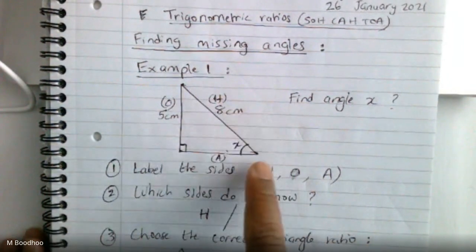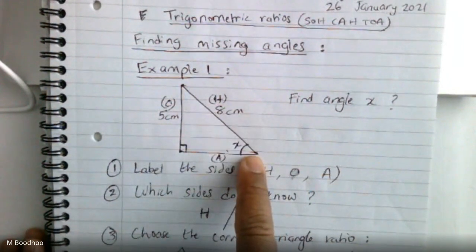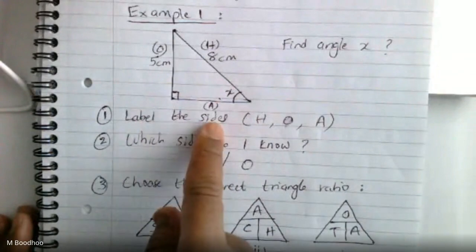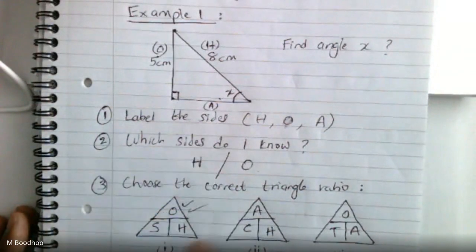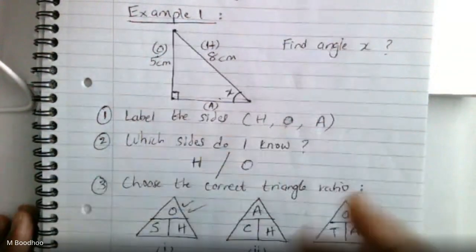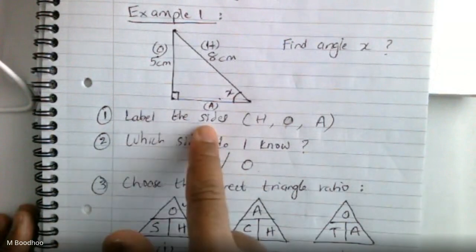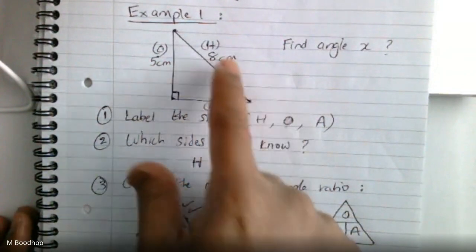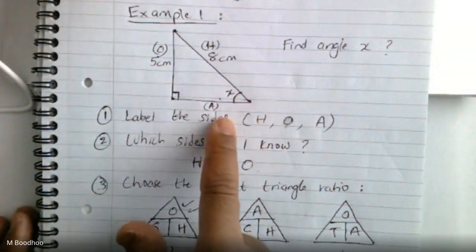The question is asking me to find angle X, which is just at the bottom there. The first thing we've done is to label the sides. It doesn't matter whether you're finding missing angles or lengths, that's the first step. So we've got H, we've got O, and we've got A.